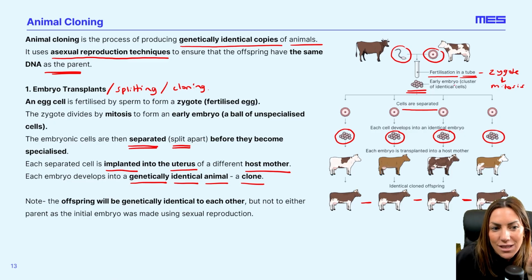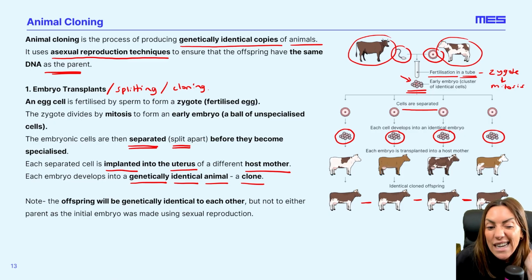And this is because initially this embryo was made from 2 parents, right? This embryo was made by sexual reproduction initially, because we had DNA in the sperm cell, we had DNA in the egg cell. We mixed that DNA together at fertilization. So this embryo here is not genetically identical to the male, it's not genetically identical to the female, it contains a mixture of DNA from 2 parents, right?